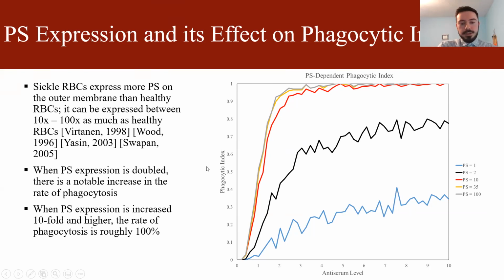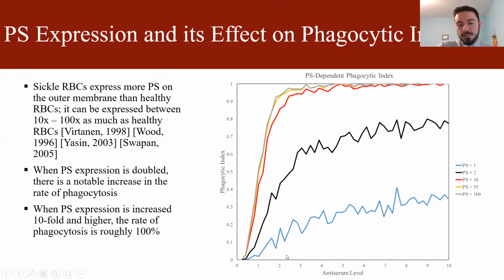So for phosphatidylserine, in sickle cells, it's expressed far more commonly than it is in healthy red blood cells, and its values can be between 10 times to 100 times as much as in healthy red blood cells. And when PS expression is even double, there's a notable increase in the rate of phagocytosis.